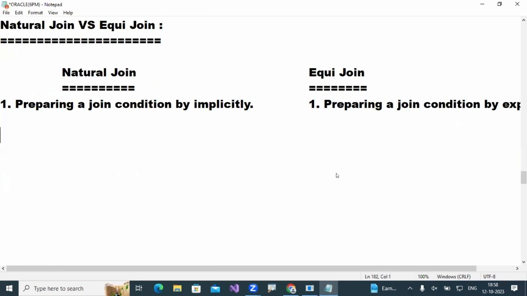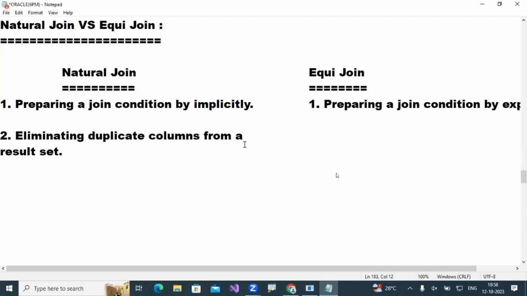Second one is what now? Eliminating duplicate columns from a result set.